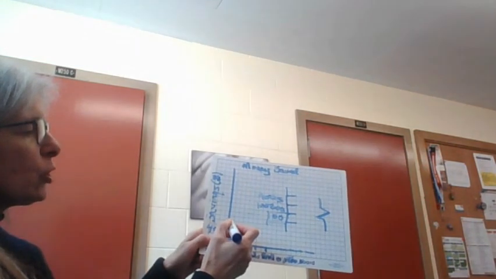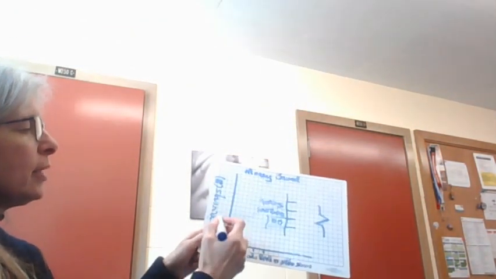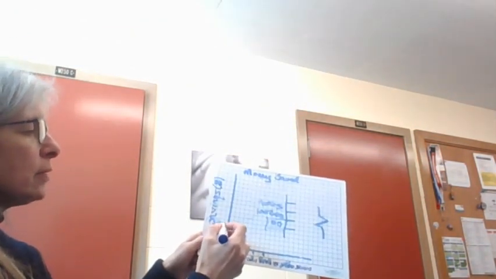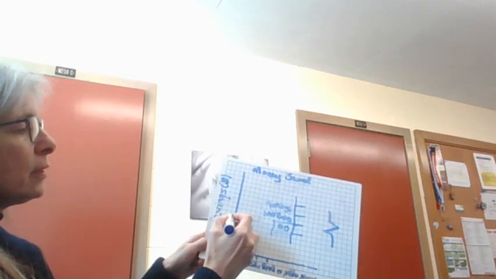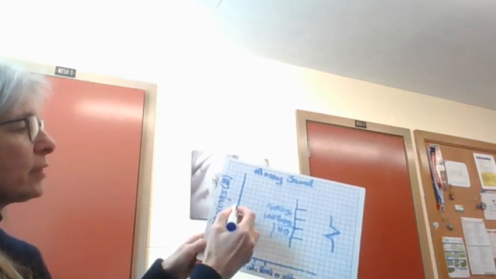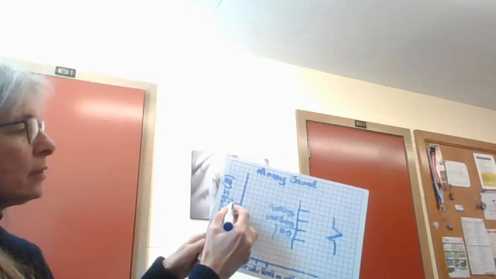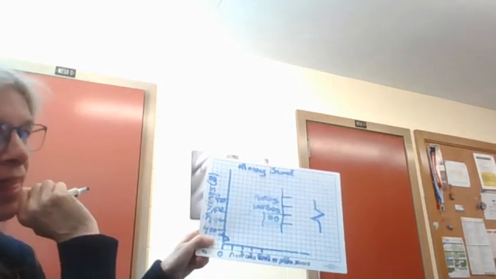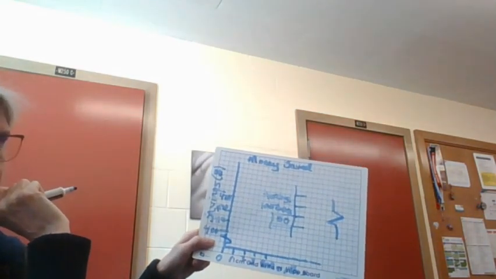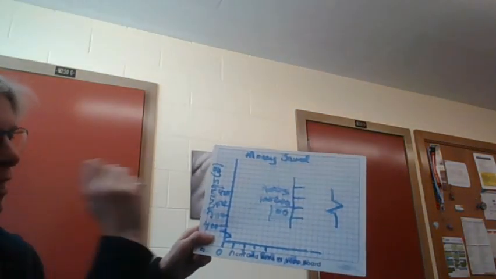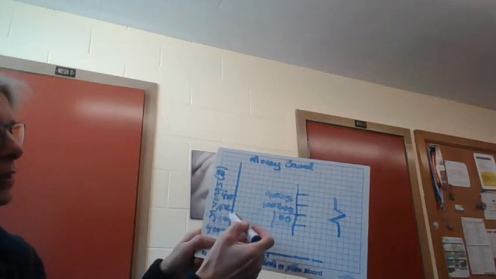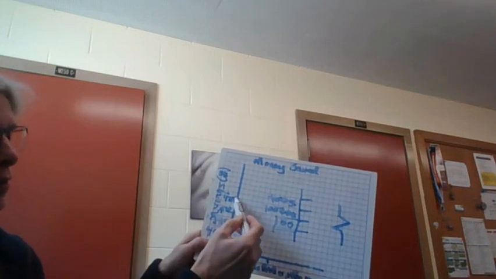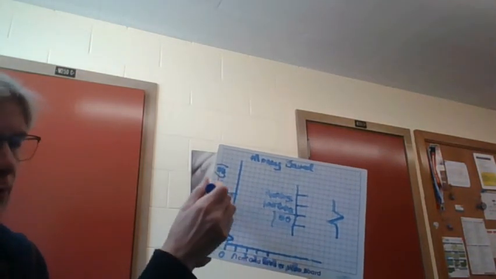So if I let every 2 lines be $10, that will work for this graph. Every 2 lines is $10. That's a scale that makes sense. I didn't do $10 and then $6 and then $12. Each amount has to be the same.